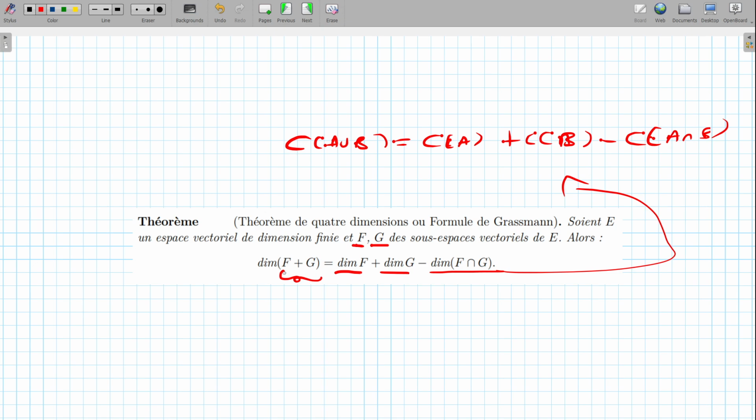Now if you're confused about why I have used F and G, let me just go back to what we used so that we don't have any confusion.